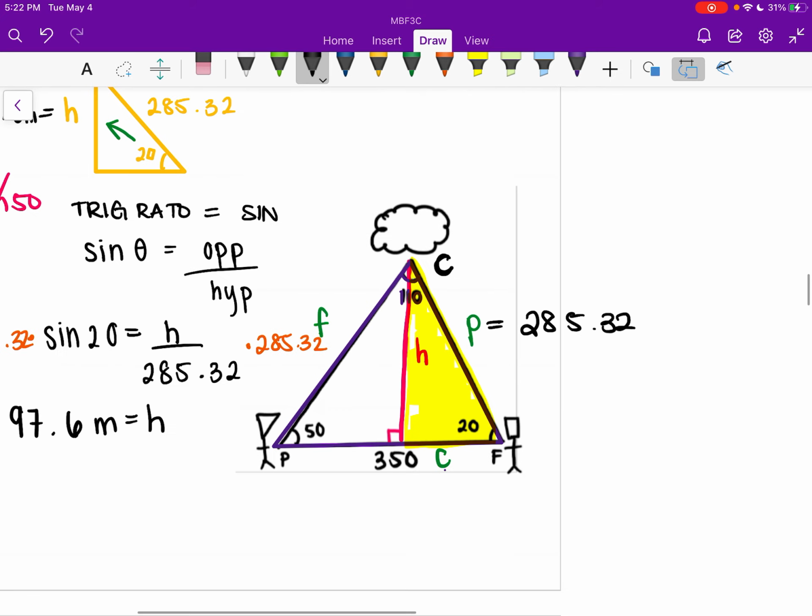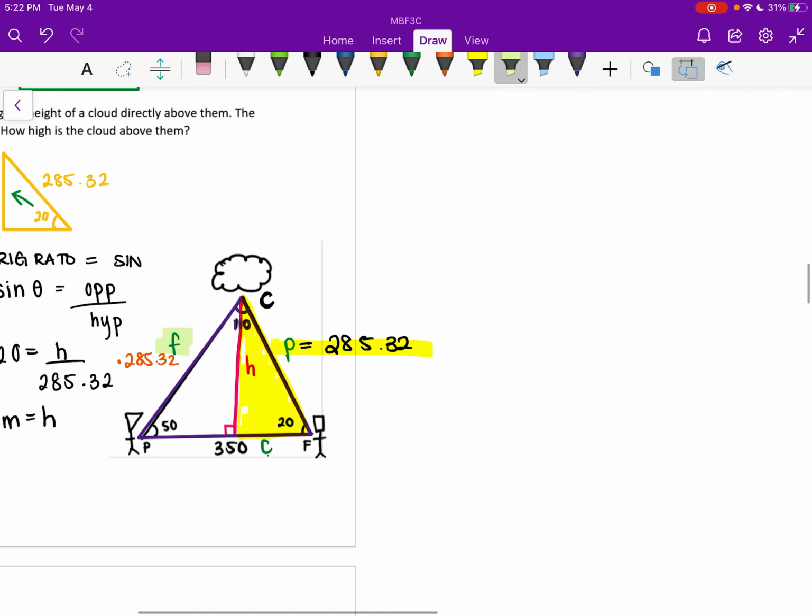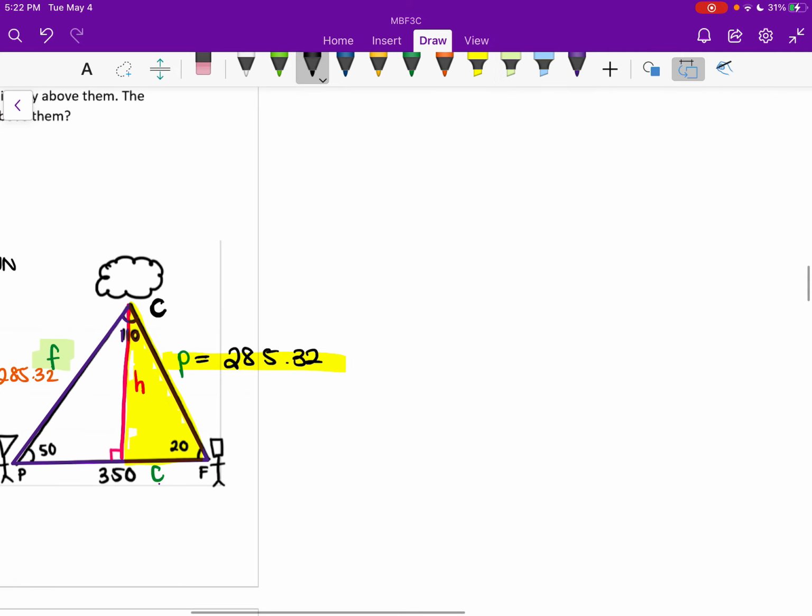Okay? So what you could have done is, instead of finding side P, which is what I did here when I did the yellow one, you could have found side F. And how you would have done that is by using the same thing. You would have used sine law. You would have used C. So I'm just going to write or. You could have done sine law, so you could have done C over sine C. This doesn't change.